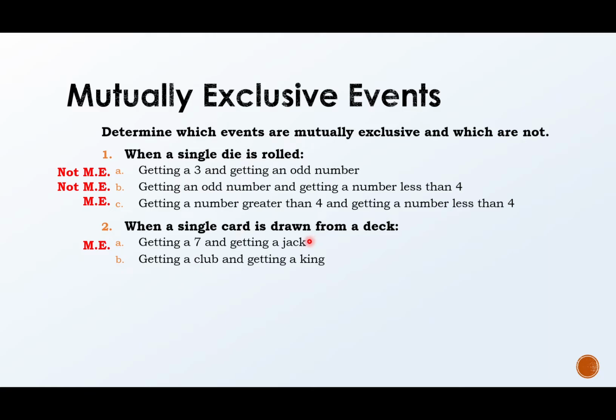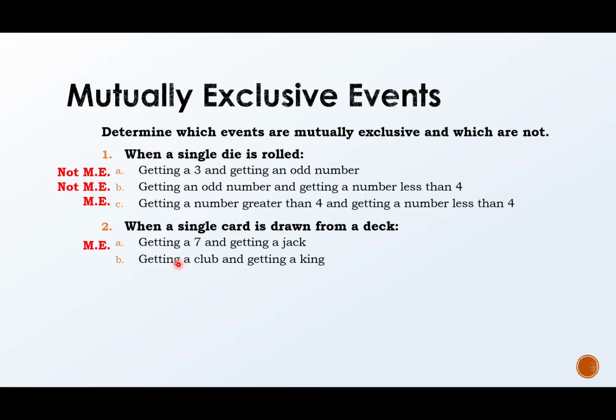Another set of events: getting a club and getting a king. The event of getting a club has 13 cards: from ace, then 2, 3 up to 10, that is 10 cards. Then the 11th, 12th, and 13th would be jack, queen, king.